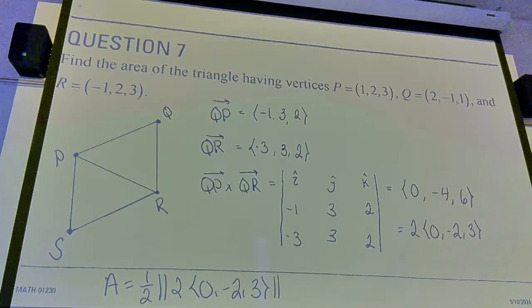You take the magnitude of a scalar multiplication, the absolute value of the scalar times the magnitude of the vector. Scalar is 2. Absolute value of 2 is 2 times 1/2.